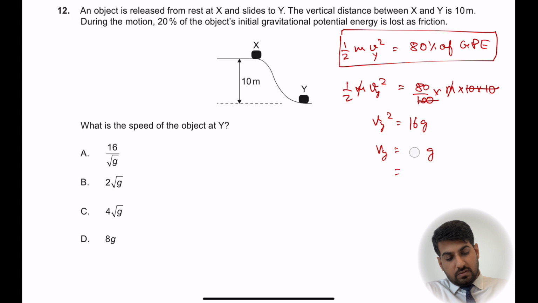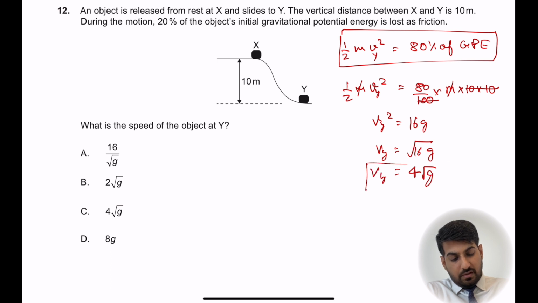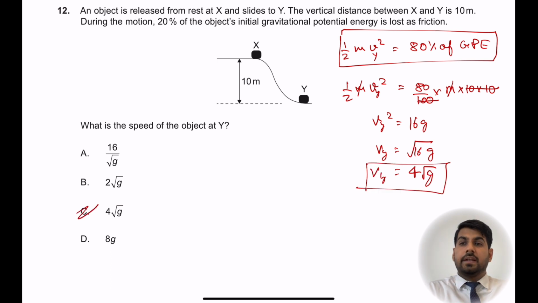The 2 will go here as well, so this will become 16G. So Vy is 4 root G, which is C. Option C is the right answer.